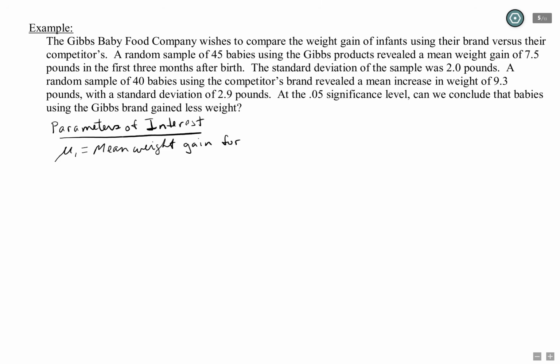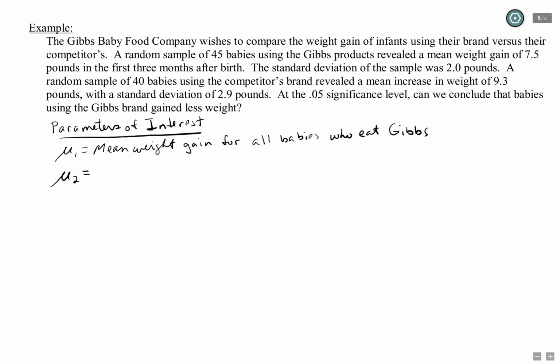But anyway, there's two parameters here, mu1, which would be the mean weight gain for all babies who eat Gibbs food. Okay, not just the 45, but all babies that would eat Gibbs food.